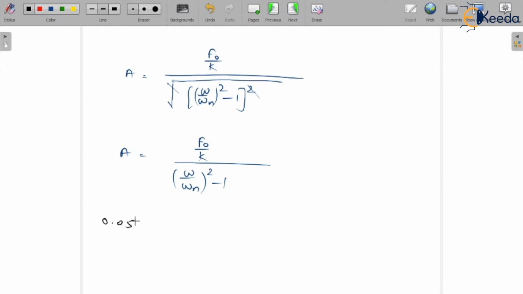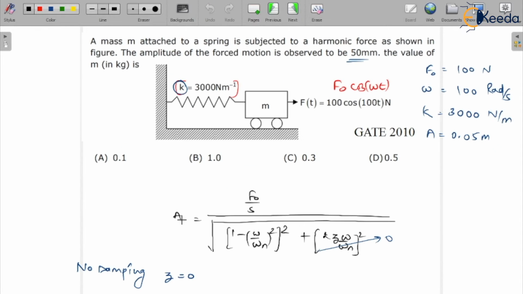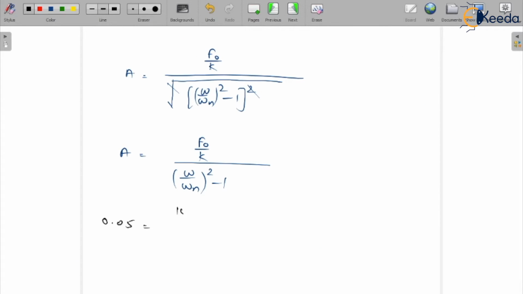Amplitude is 0.05 and F naught is 100. This is 100 and K is 3000 upon omega is 100, omega n square minus 1.